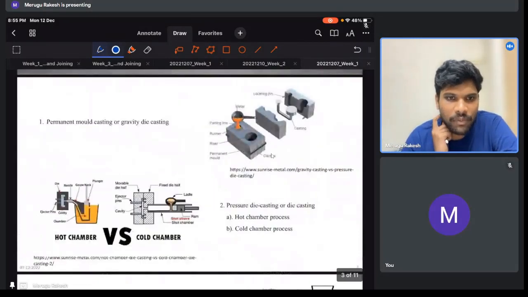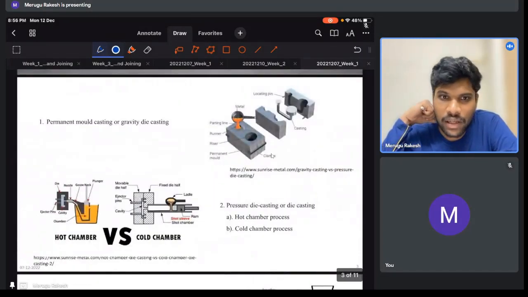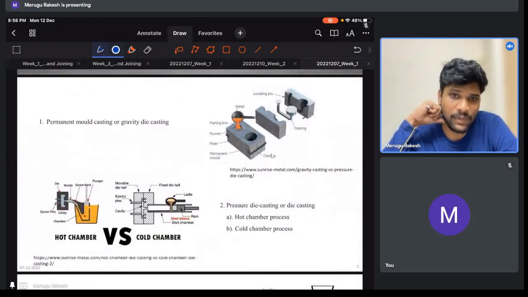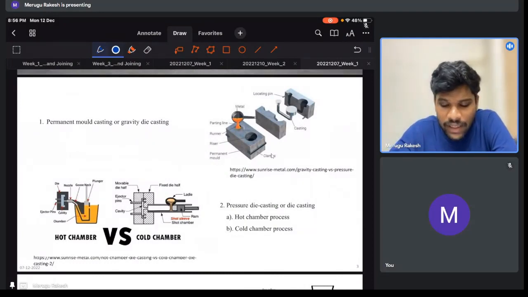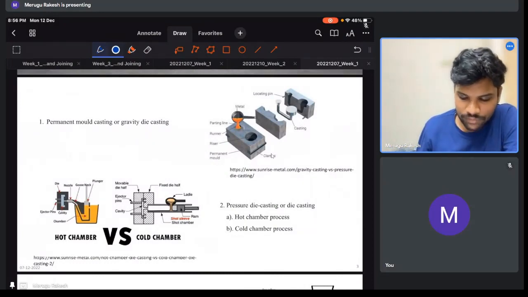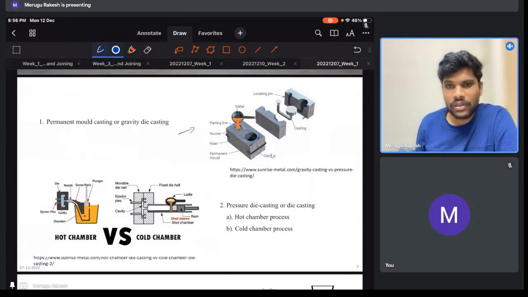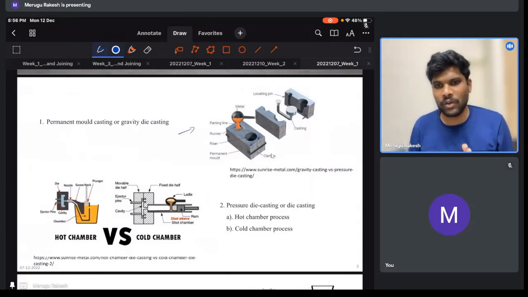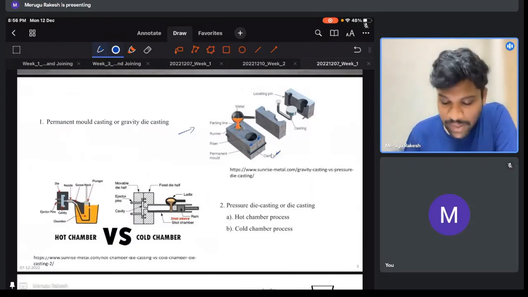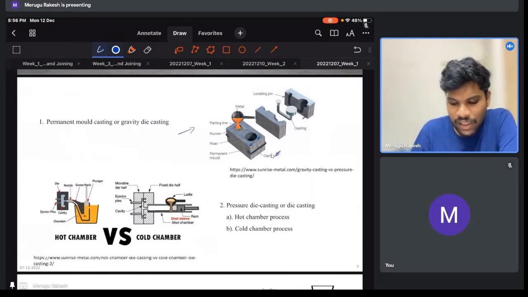The first one is the permanent mold casting, or the gravity die casting process. As you can see in the right side figure, we have molds which can be opened or closed using clamps made of metal, and you directly pour the metal, and as you can see the riser and the runner and the parting line.